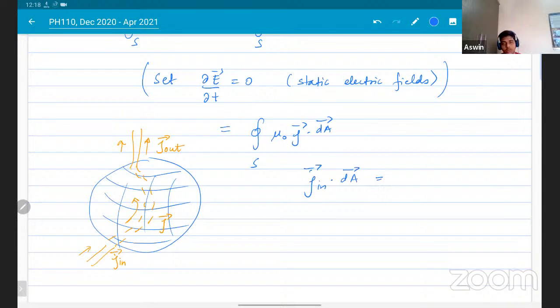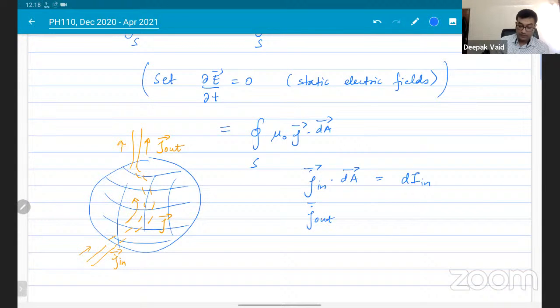This will be the current going into this area element. And similarly, what will be J out dot dA? It will be the current coming out of this area element.